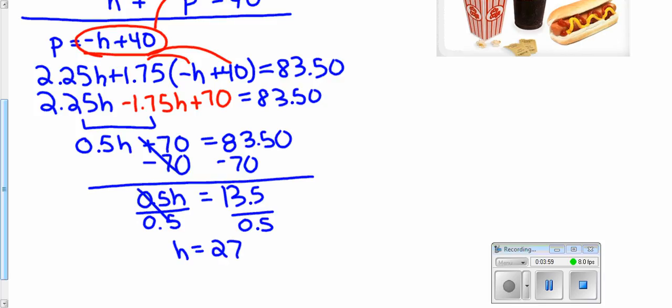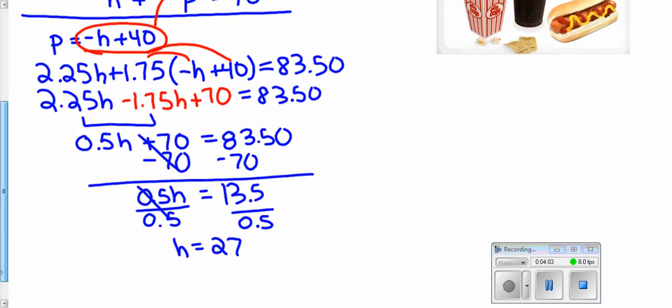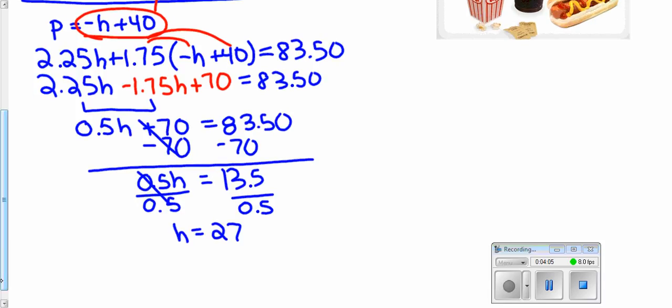Now I have to go back and solve for the other variable p. So I look at my second equation because it's the easiest one, which is h plus p equals 40. Right? If I'm solving for p and I know that h is 27, then I'm going to substitute 27 in place for h and solve for p.